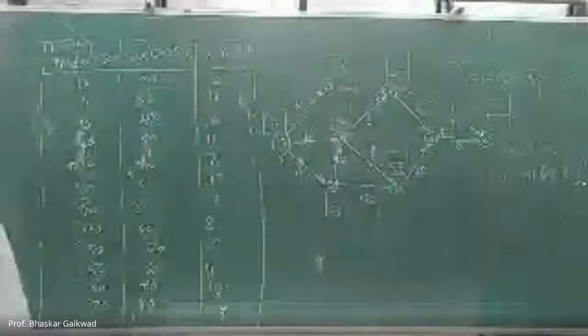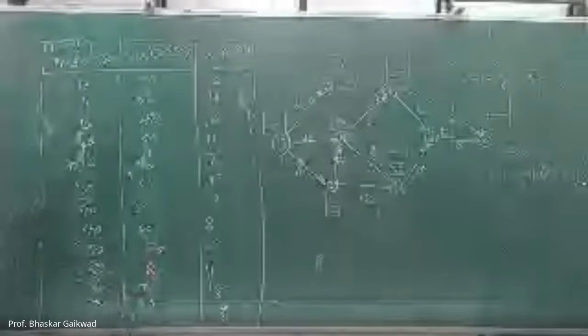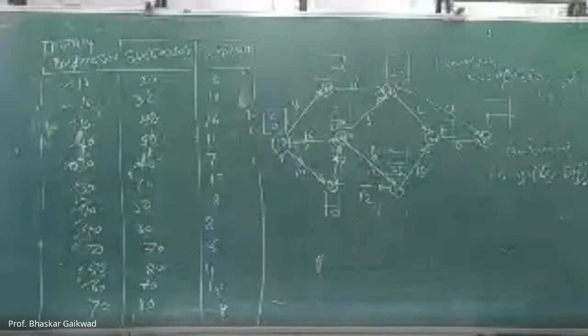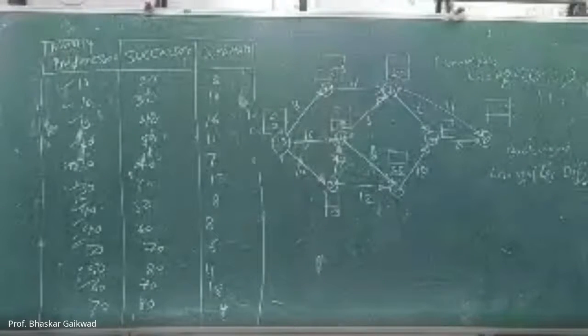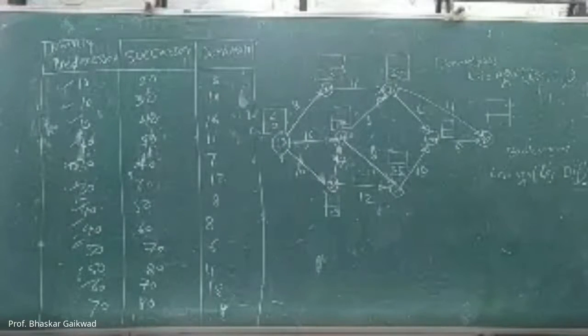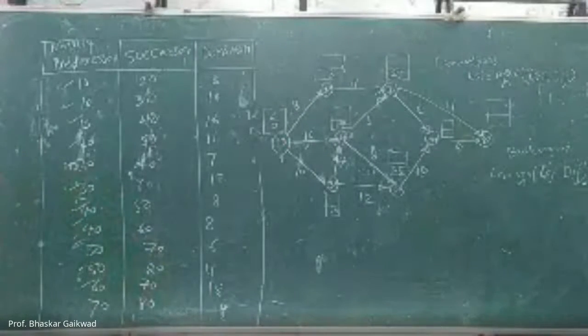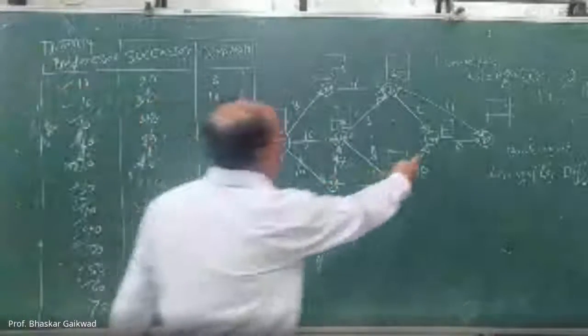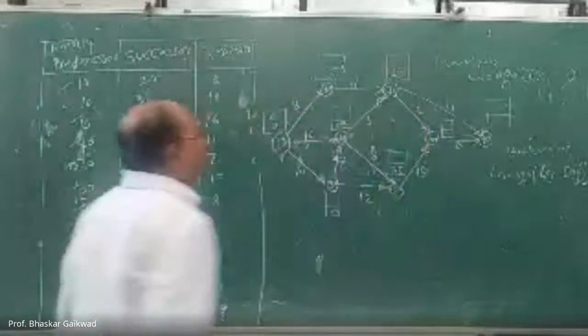So 40 to 60. Then 60 to 17, and 40 to 16. Out of this, you will consider this here. Two activities are there under the 17.